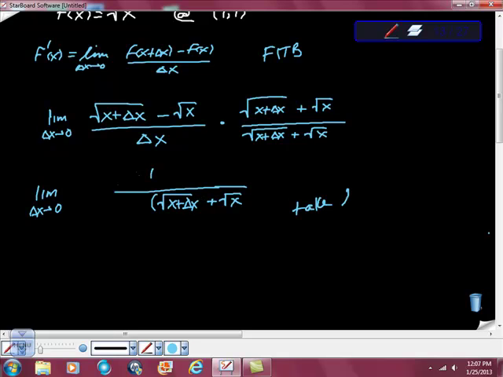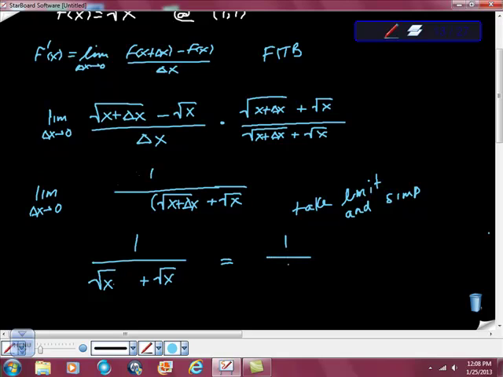So take the limit and simplify. I'm going to get 1 over square root of x plus 0 plus square root of x. Can you see that x plus 0 is just x, isn't it? And we would have how many of them? 2.